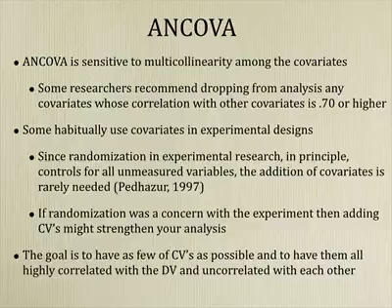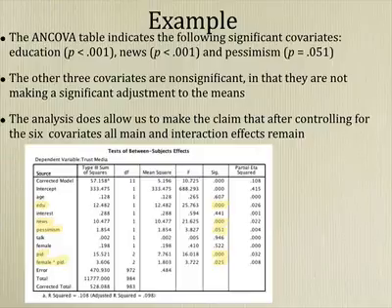If the covariates are highly correlated with each other, it causes problems with the analysis. And so I think the goal should be, what's the fewest number of covariates I can get by with, and which of these covariates are most highly correlated with our outcome variable.